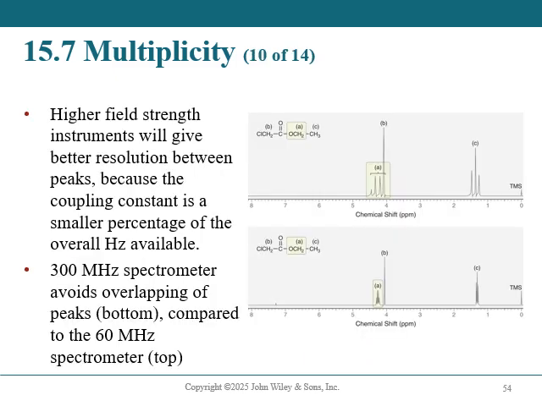Higher field strength instruments will give better resolution between peaks because the coupling constant is a smaller percentage of the overall hertz available. A 300 MHz spectrometer avoids overlapping of peaks compared to a 60 MHz spectrometer. In other words, the stronger the instrument, the better it is at resolving these different peaks.